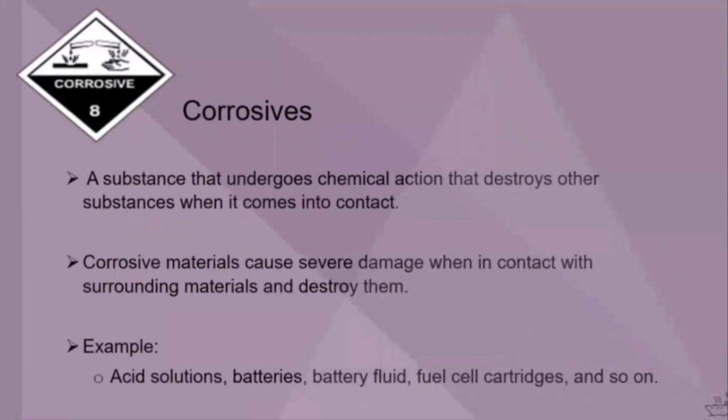And the next one is corrosive. A substance that undergoes chemical action that destroys other substances when it comes into contact. Corrosive materials cause severe damage when in contact with surrounding materials and destroy them. Examples of corrosive are acid solution, batteries, battery fluid, fuel cell cartridge, and so on.